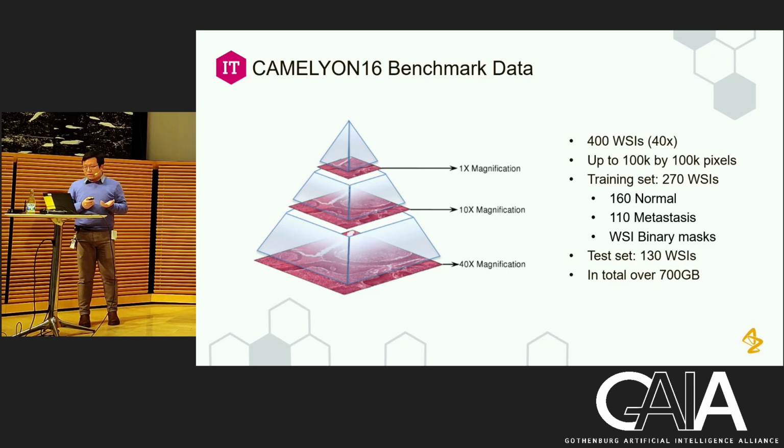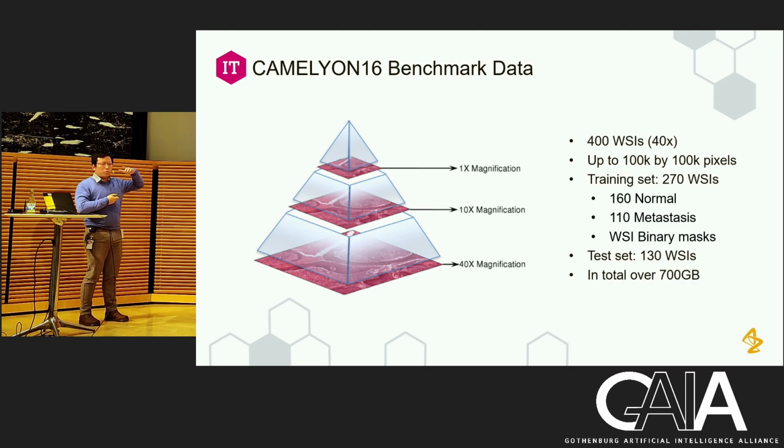In order to develop this framework and to produce some results to test our system, we use the CAMELYON 16 benchmark dataset, which is a very famous challenge in digital pathology. For this dataset, we have 400 whole slide images, stored at 40x or 0.25 micrometer per pixel. Essentially, a whole slide image is an image with multiple levels, each with a different resolution.